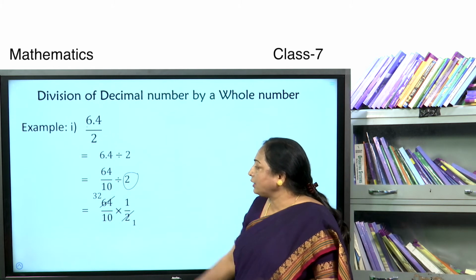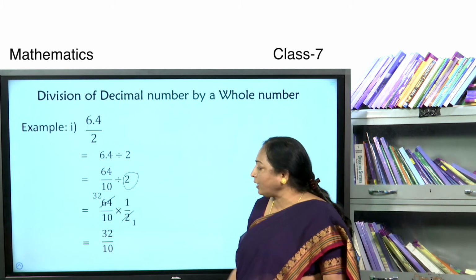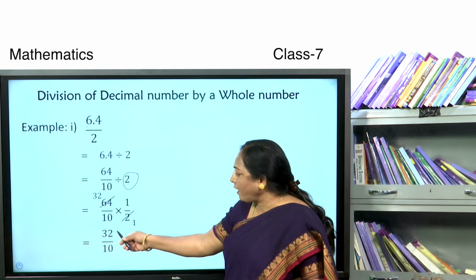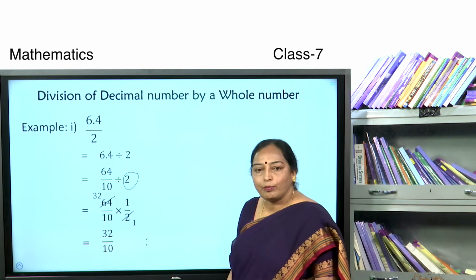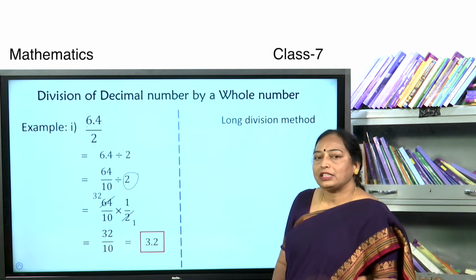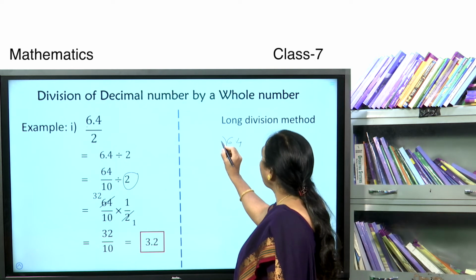Therefore, it is 32 by 10. To write 32 by 10 in decimal form, we place the point after one digit from the right, it will become 3.2.